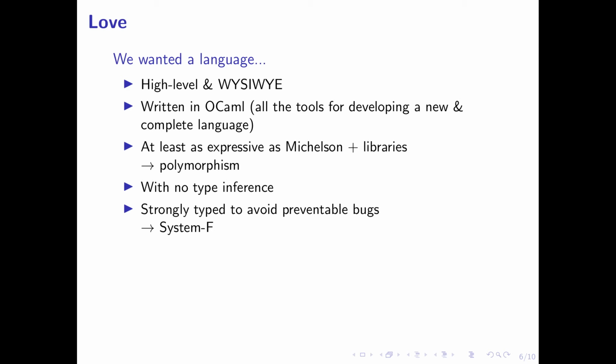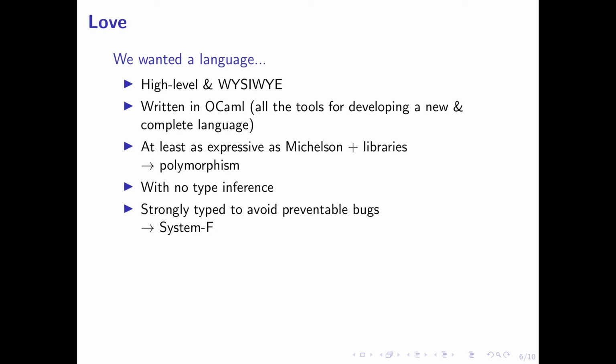In Tezos and Dune, the chains initially targeted by Love, smart contracts are written in Michelson. We wanted our language to be at least as expressive as Michelson, but we also wanted to have decentralized libraries. Libraries are contracts with no storage, but only pure functions. That's why we needed polymorphism.